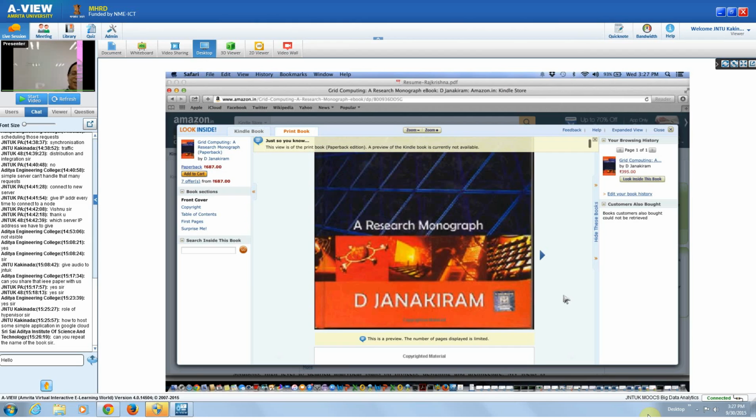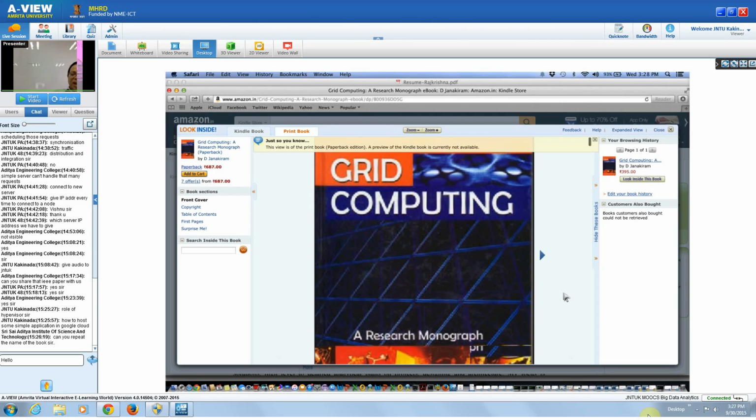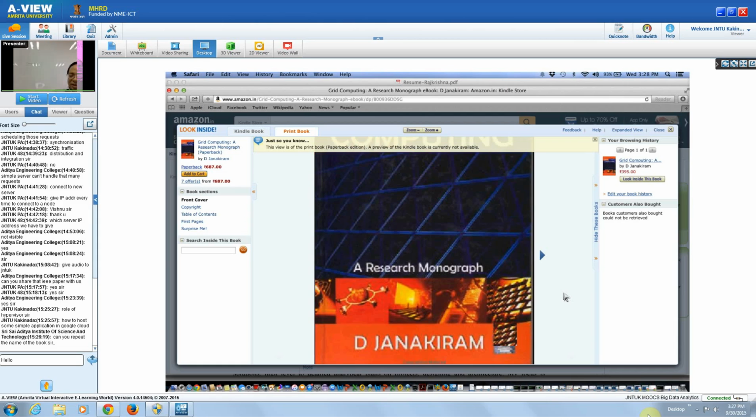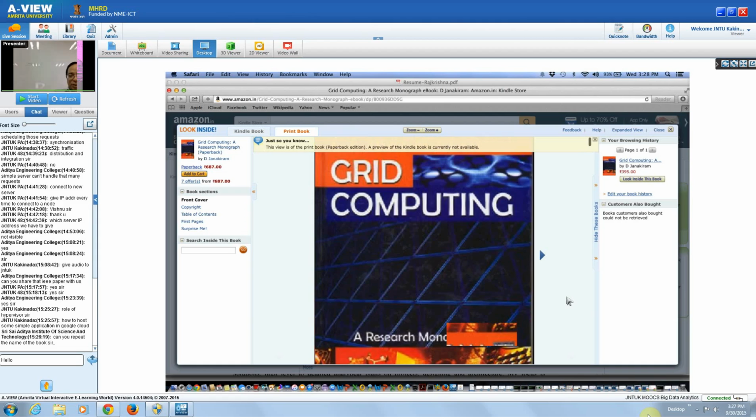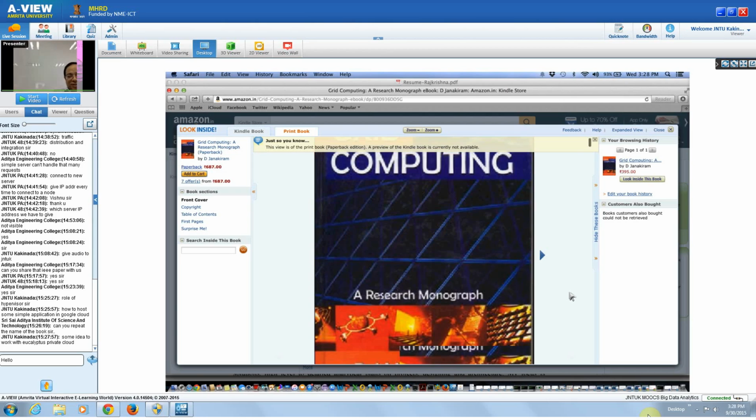But this book has the material to some extent. What I'm covering is available here. I also make the cloud computing book available. I asked the publishers to bring the ebook as soon as possible, and they promised me within the next 1 week. So whatever I'm covering here should be available for you.